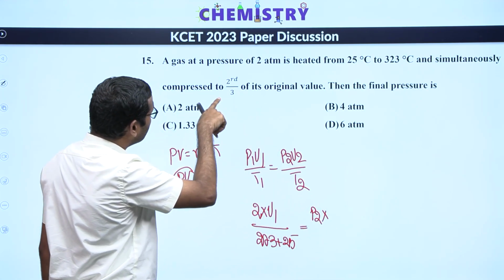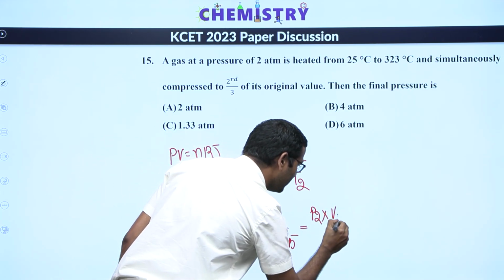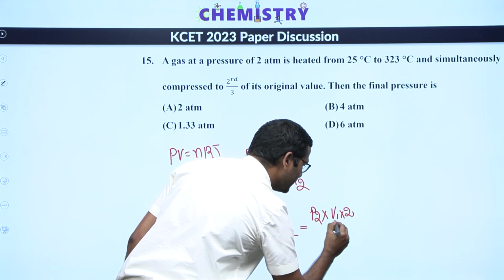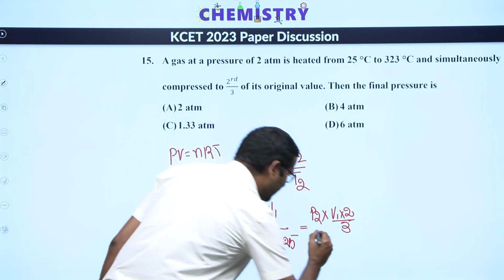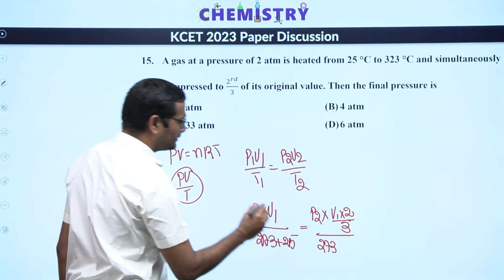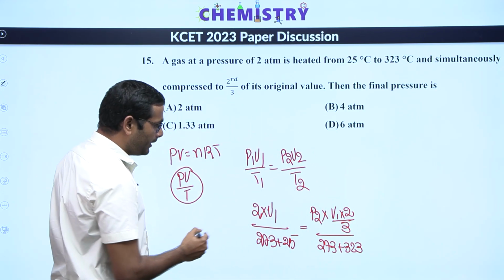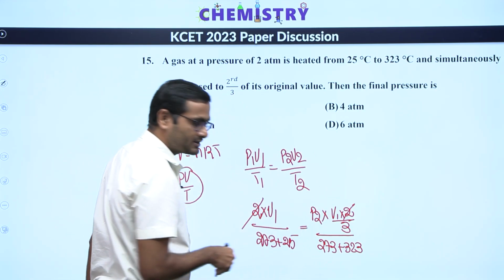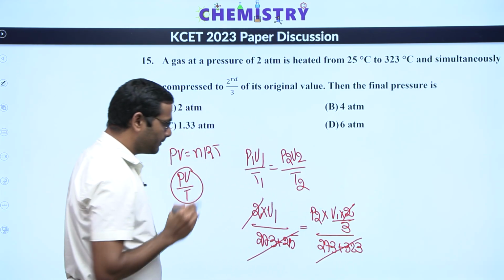V2 is compressed to 2/3 of initial, so V2 is V1 into 2/3. Now the denominator is 273 plus 323. Now these two I am cancelling. 298 approximately, this is 600, beta.